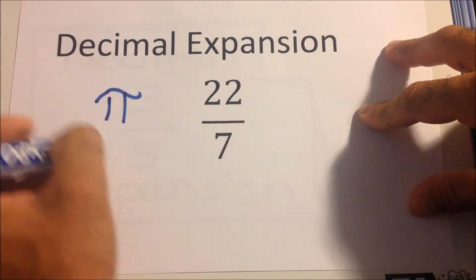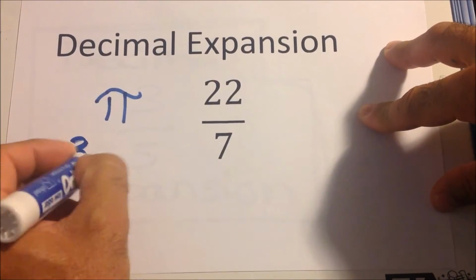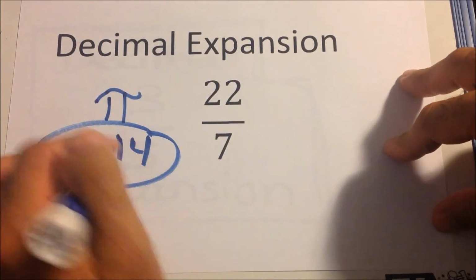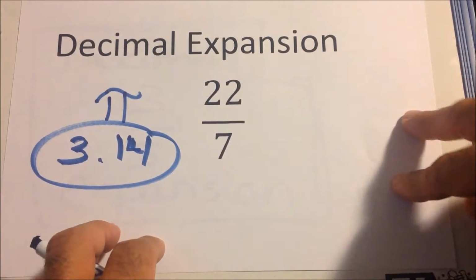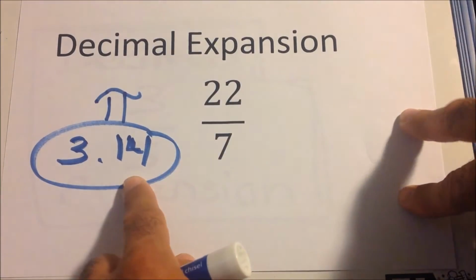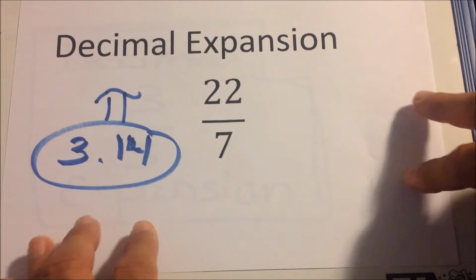Pi is a famous irrational number, and we just say 3.14. However, we just use 22 over 7 to estimate pi. 22 over 7 is actually a rational number. It's not pi, it's just close to it.